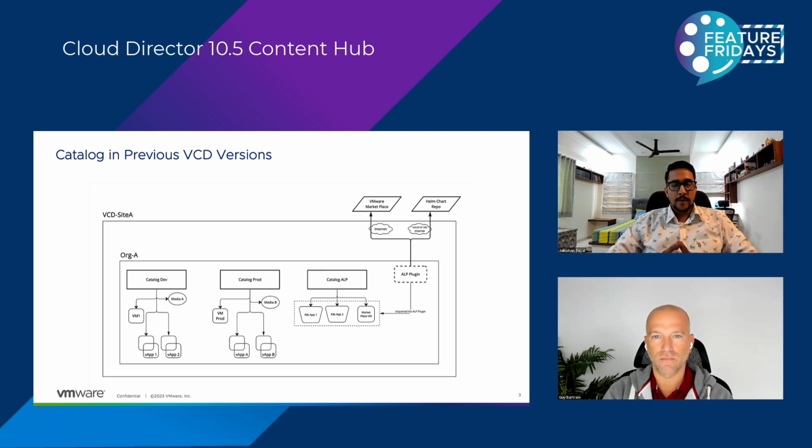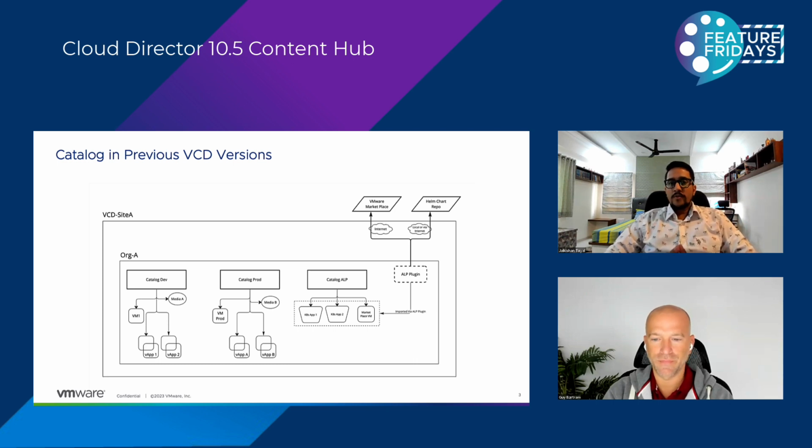That's right. But the difference was that previously, in order to import any container applications or VM applications through external sources like VMware Marketplace or any Helm chart repository, we had to use an extension plugin called App Launchpad.